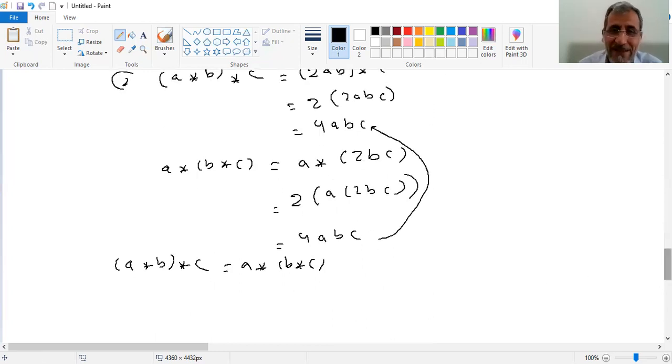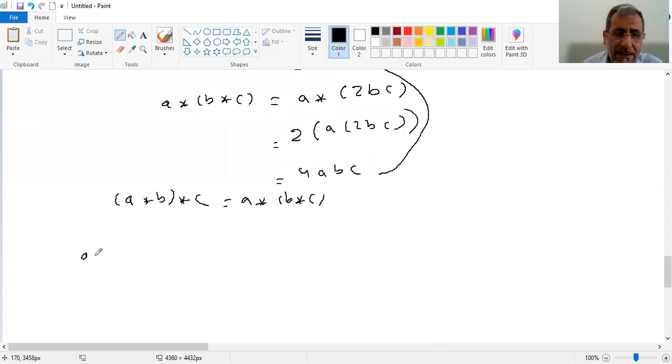No problem. Now, identity. a and b are positive real numbers. There is a real number, which is called the identity, and let me write it e. So the question is, is there an e such that a star e is equal to a and e star a is equal to a?